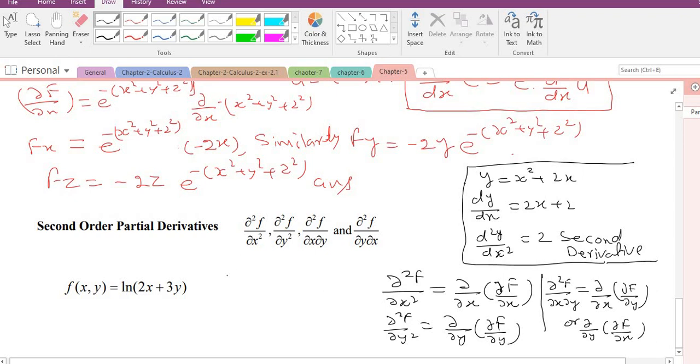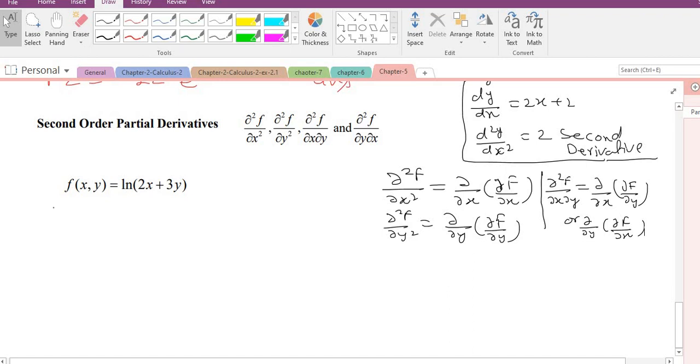So instead of writing 4 answers, we can compute only 3, and then write the 4th answer directly. Now I am going to tell you how we can write these second order partial derivatives. The function is given here, f of x y is equal to this. Write first del f del x, because if you want to write del 2 f del x square, first you need to write del f del x.